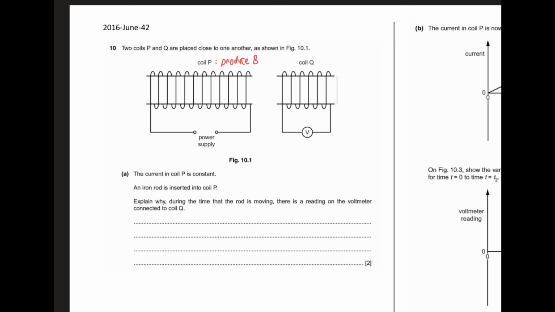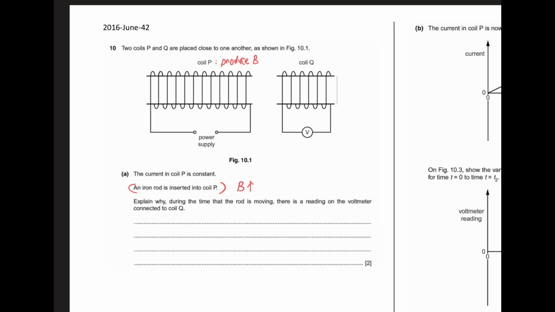The current in coil P is constant. An iron rod is inserted into coil P. You put a soft iron rod inside, so the B will increase. This action will increase the B; the magnetic field will become stronger.